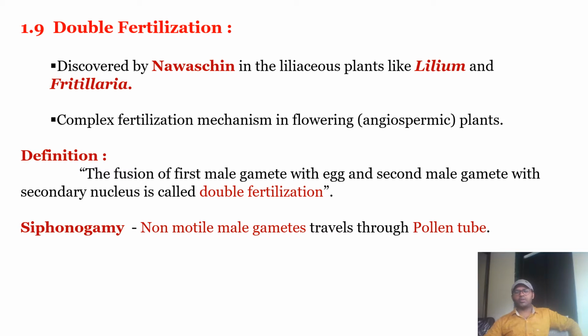Okay, so what happens here, when the pollen grains get germinated, it will form the pollen tube. The pollen tube consists of two male gametes and they start to travel through the pollen tube, and the movement of such male gametes is said to be siphonogamy.